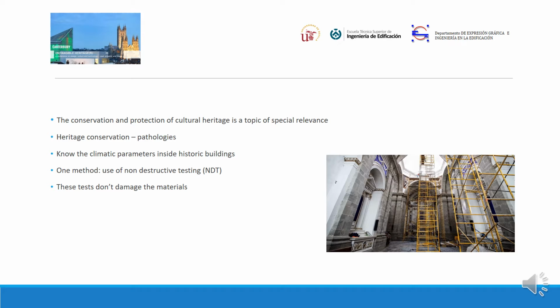One method of obtaining information on real causes and evaluating rehabilitation, material, and intervention is the use of non-destructive testing. These tests don't damage the material because the equipment uses various types of sensors or instruments to monitor this type of building.